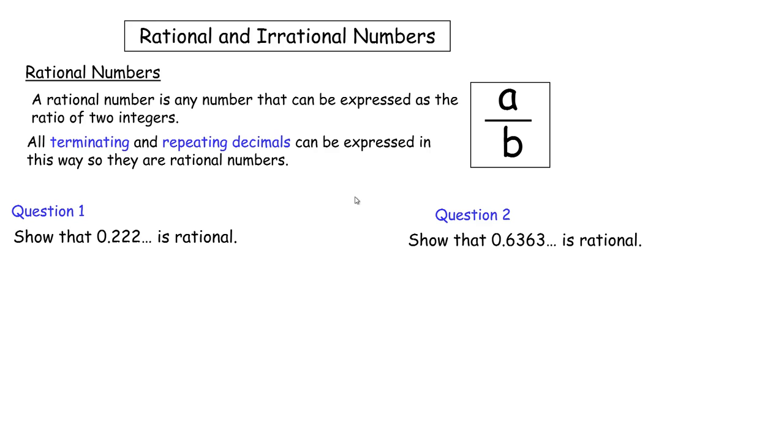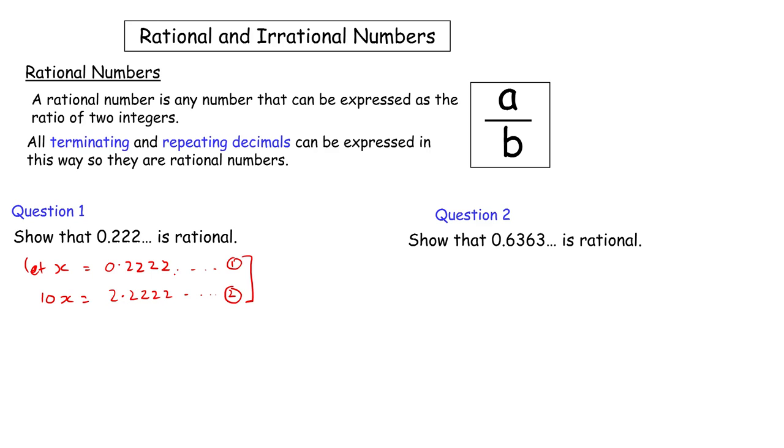Okay, so as before, we got 0.2 recurring, so we can write let x be equal to 0.222 recurring, and I'm going to multiply by 10, so I can move the 2 over there, so that means 10x is going to be equal to 2.2222 recurring. That's equation 1, that's equation 2.